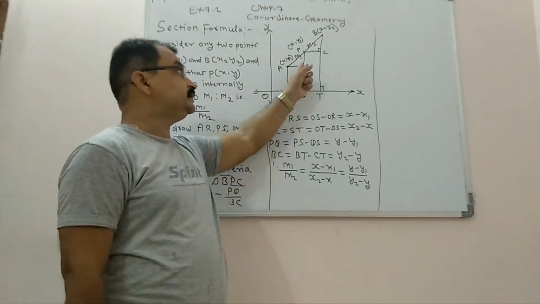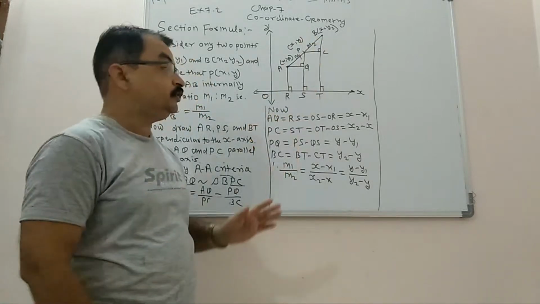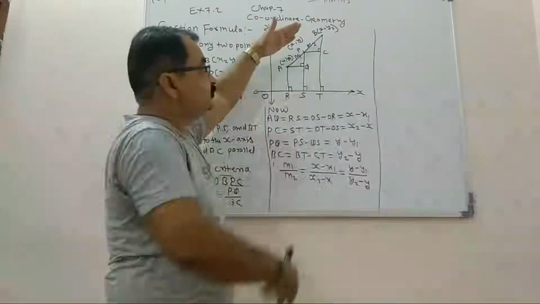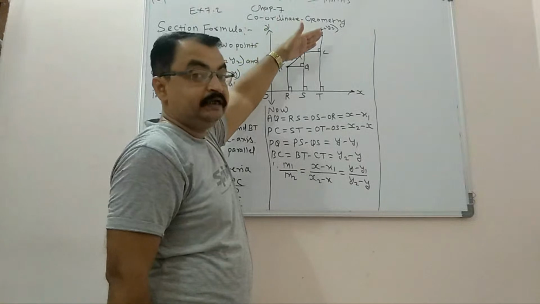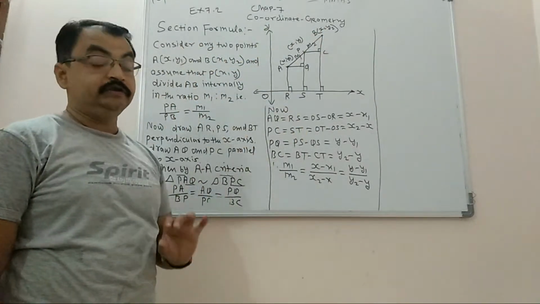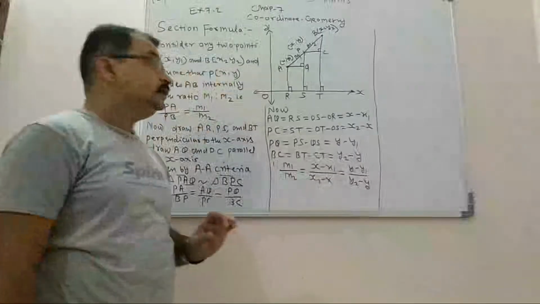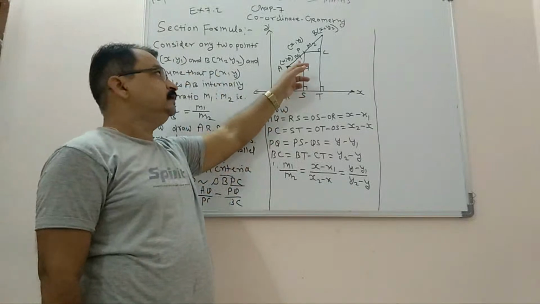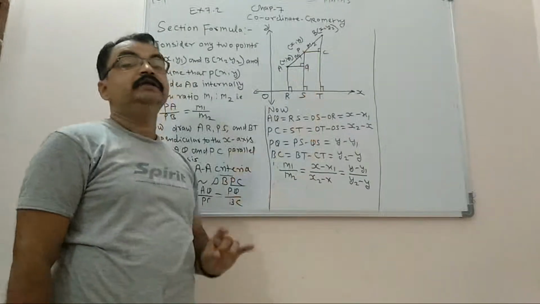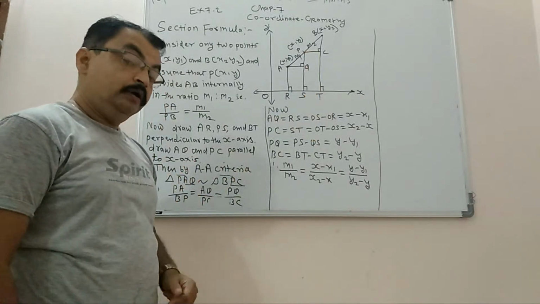Because here this angle is 90 degrees, and one angle you will get as the corresponding angle, because the perpendiculars are there and this will be the transversal line. So you will get the corresponding angle, and corresponding angles are always equal. So you do not have to mention this. Directly you have to write that by angle criteria, both the right triangles will be similar to each other, right children?